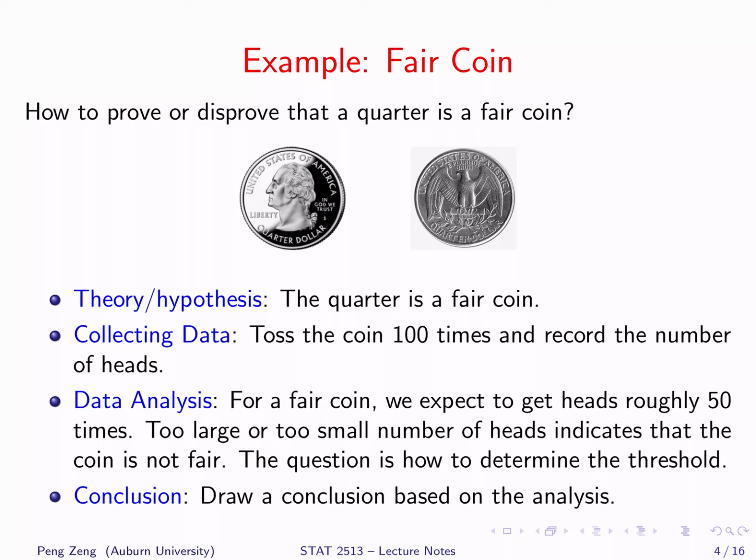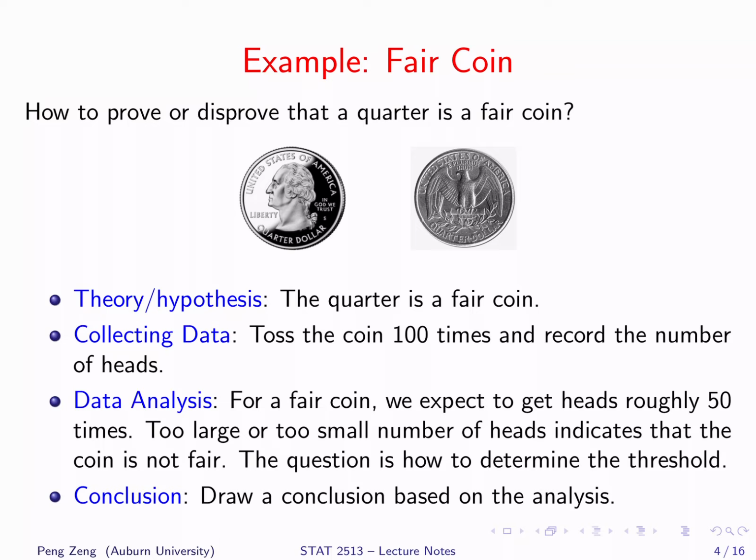Now, let's move on to data analysis. For a fair coin, we expect to get heads roughly 50 times. Too large or too small a number of heads indicates that the coin is not fair. Now, here comes the question. How large is large, or how small is small?